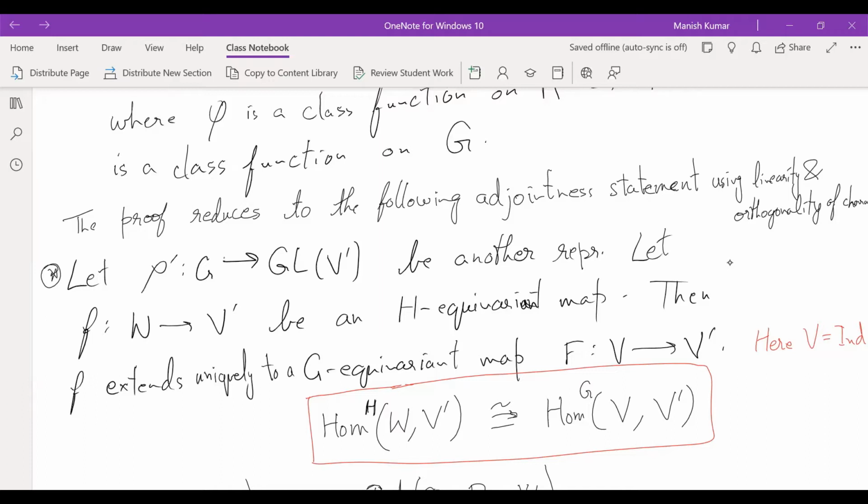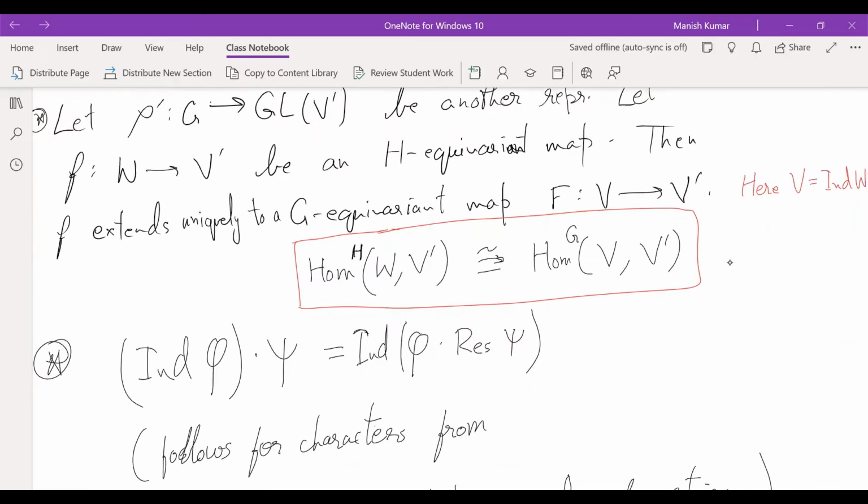So if V prime is a G representation, it is automatically an H representation. Technically, if one wants to be completely pedantic, one should write this as Hom_H of W comma Res V prime.